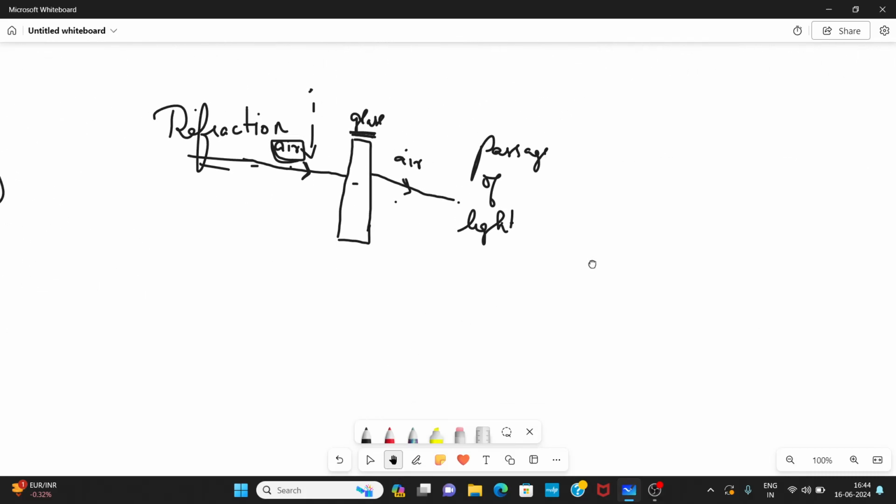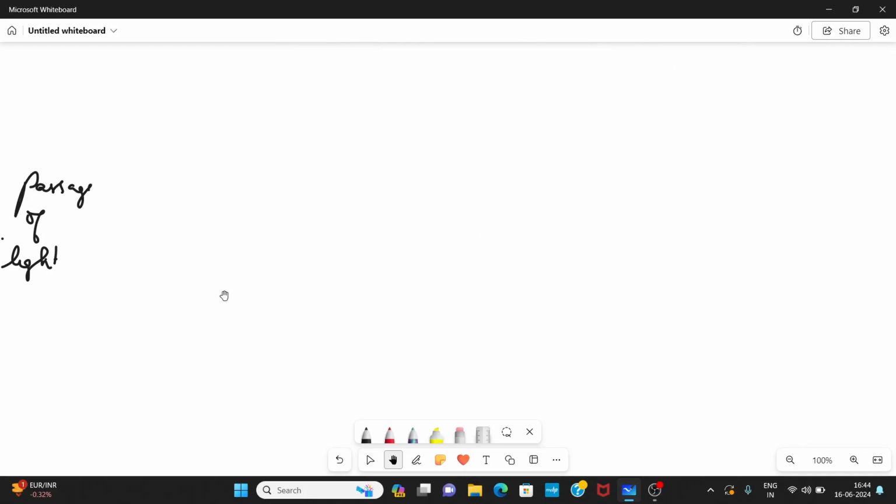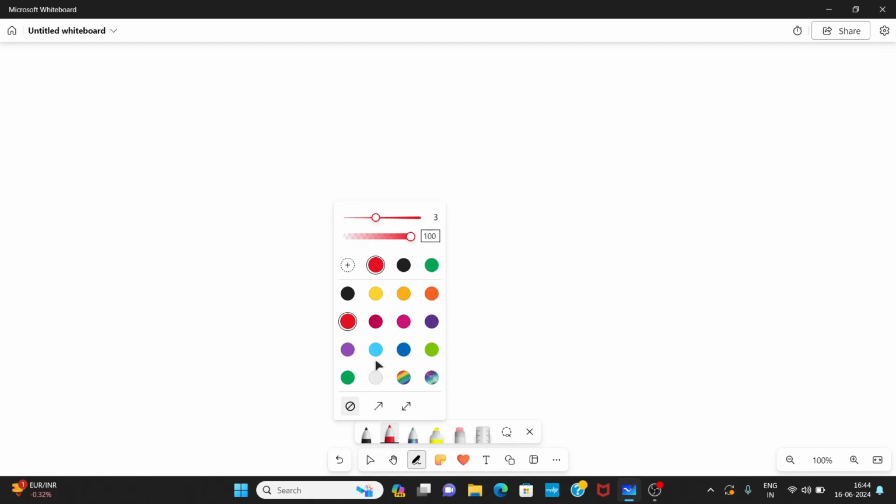So what is Snell's law, or what are the laws of refraction here? For that we could take an example given in your textbook. Take a glass slab.